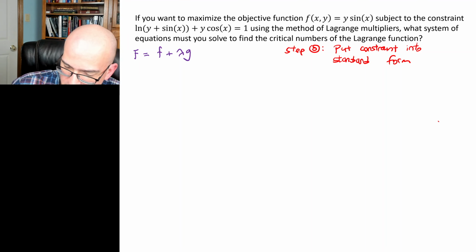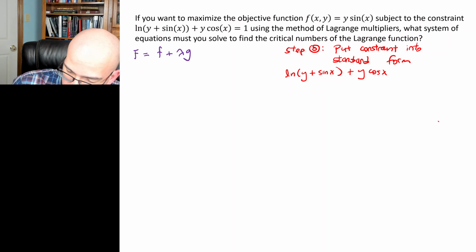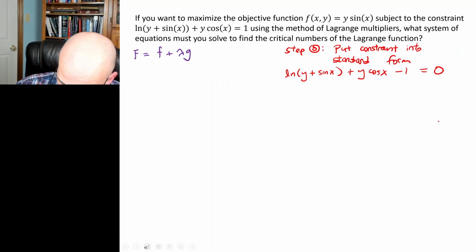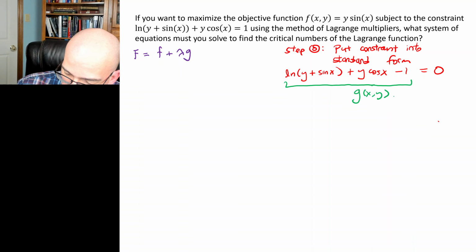So our constraint put in standard form is ln of y plus sine of x plus y times the cos of x minus 1 is equal to 0. We just have to bring everything to one side, so we can say that constraint equals 0. So I've done that. Our g of x comma y is all that stuff.